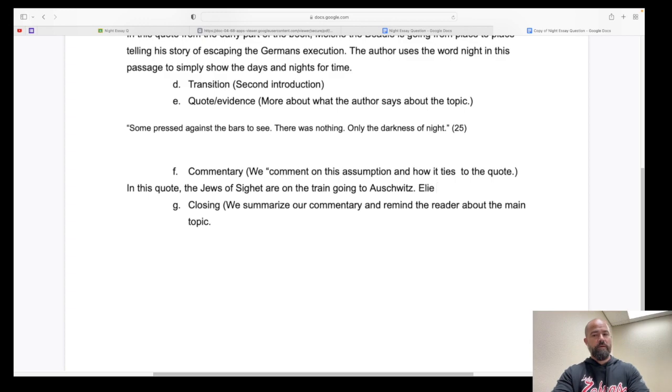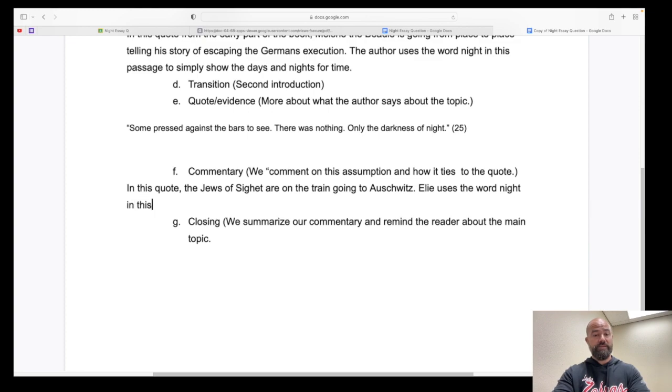Elie uses the word night in this passage to show the absence of the fire Mrs. Schachter, I think that's how you spell it, I think it has an H in it, sees and yells about to everyone.